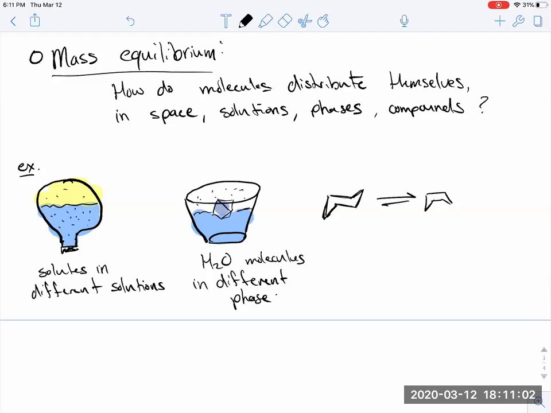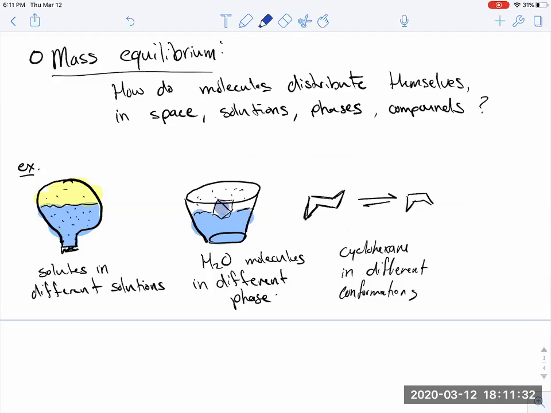A question of mass equilibrium might be, which conformation does cyclohexane adopt? And because I can, cyclohexane, if it's been spoiled a little bit, might be something like this color.